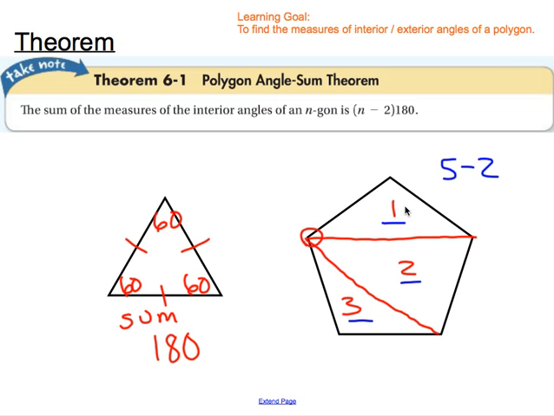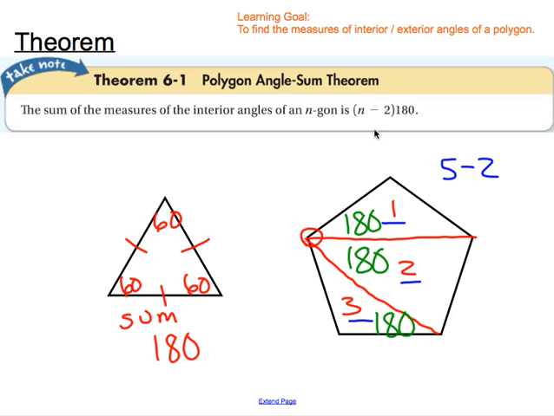Since each one of these triangles has a sum of the interior angles of 180, that's where the multiplication by 180 comes from. So here you can see we take 5 minus 2, or the 3 triangles, and multiply that by the 180 degrees that appear in each triangle, and the formula holds true.